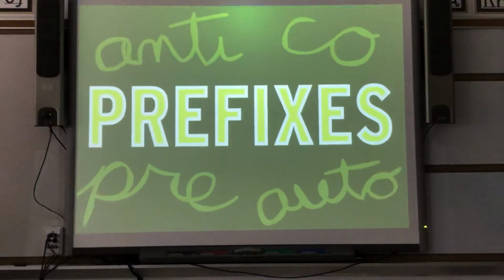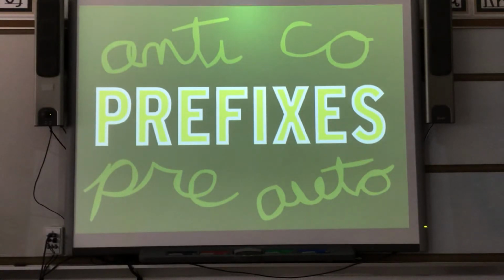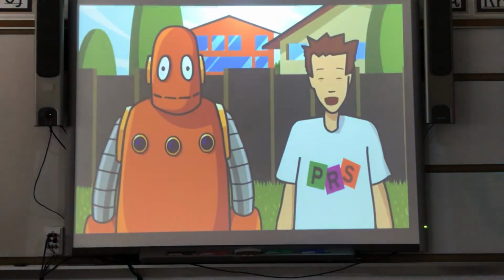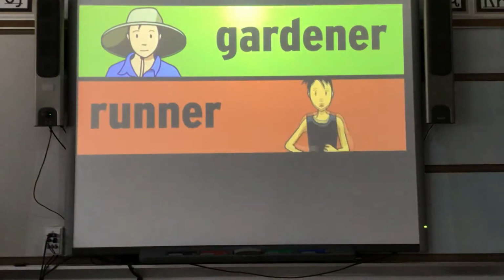Common prefixes like anti, co, pre, and auto are easy to spot. And some common suffixes are ist, ism, able, and full. Thinking of a bunch of words that contain the same prefix or suffix can help you figure out its meaning. Well, let's think of some words that end in er. Gardener, runner, recorder.